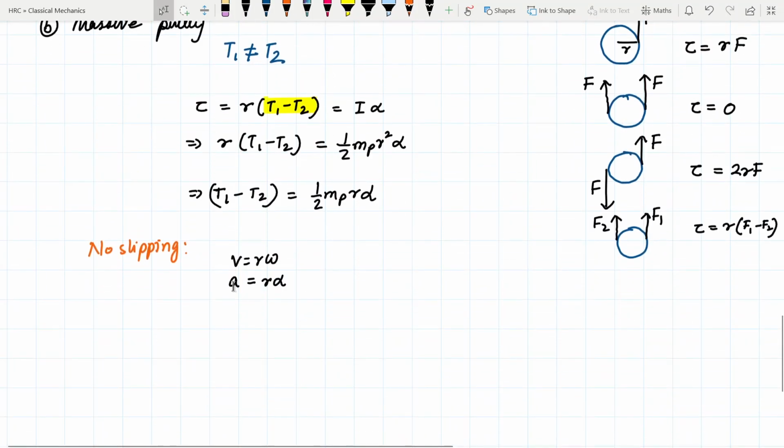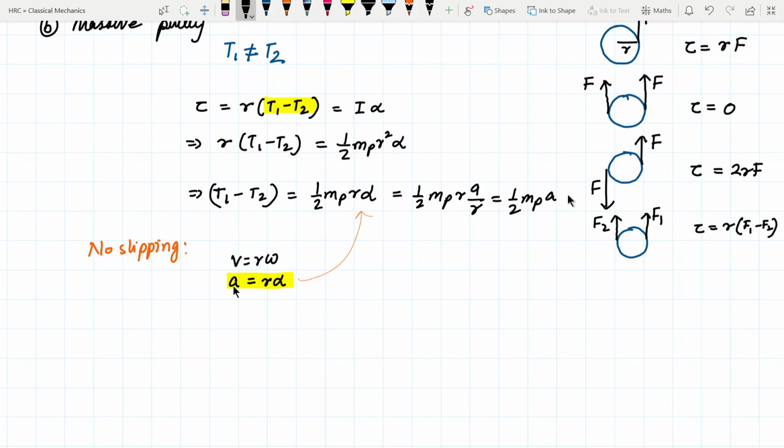If slipping happens, then the pulley would not need to rotate at all. Without rotation this can take place. So if I use this here, then this simply becomes half mp r a upon r. R cancels, half mp a.